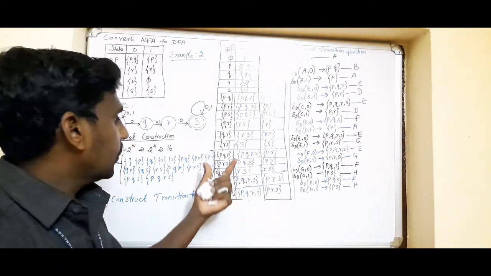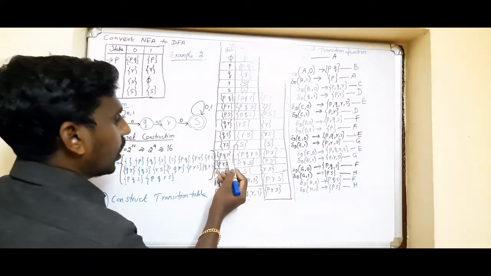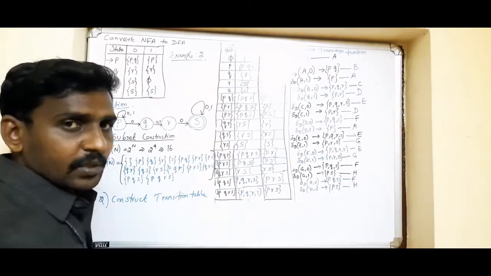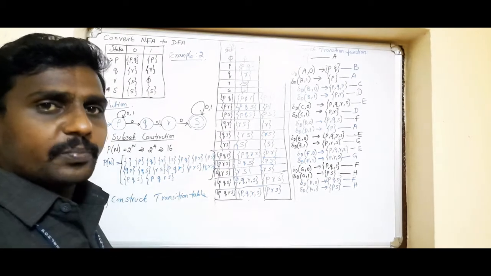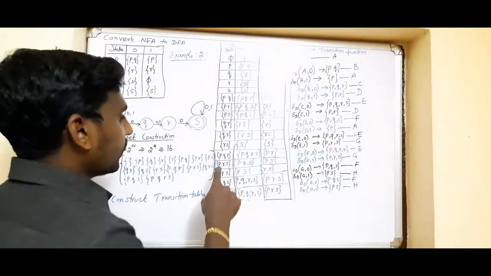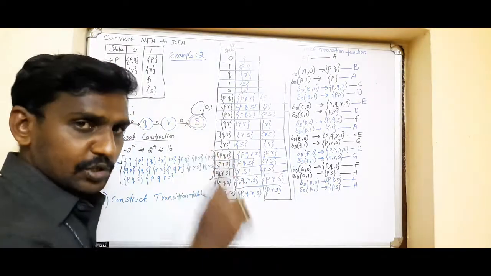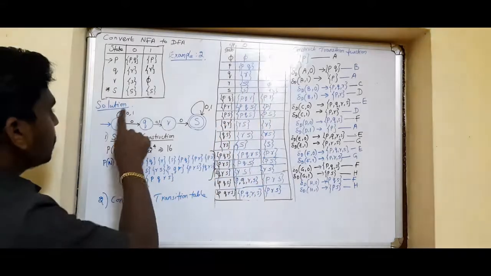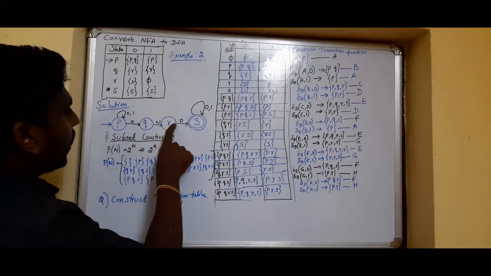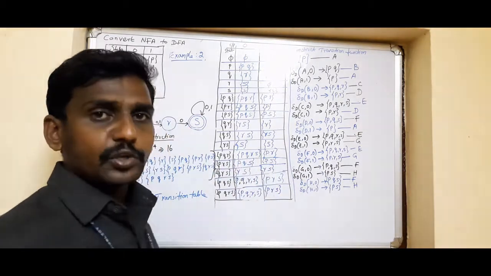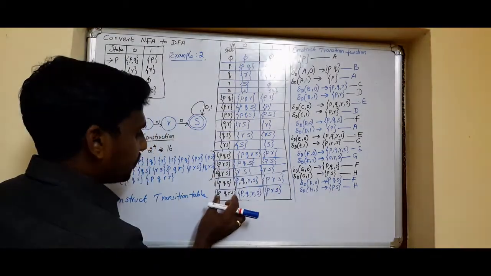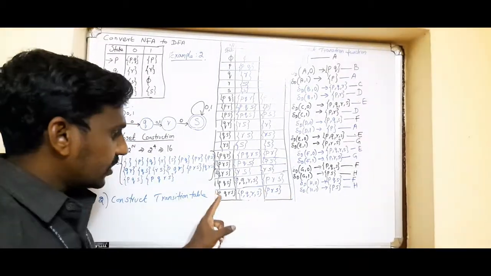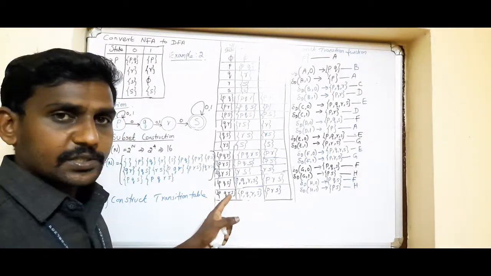If it is PQR, I will check PQR comma 0. So I have to check P comma 0, Q comma 0, R comma 0. Already I taught you the basics in the previous example, example 1. Once again I will remind you: PQR comma 0 means P comma 0 gives P Q, Q comma 0 gives R, and R comma 0 gives S. That's why I wrote PQRS. Similarly, for PQRS comma 0 I check P comma 0, Q comma 0, R comma 0, and S comma 0.